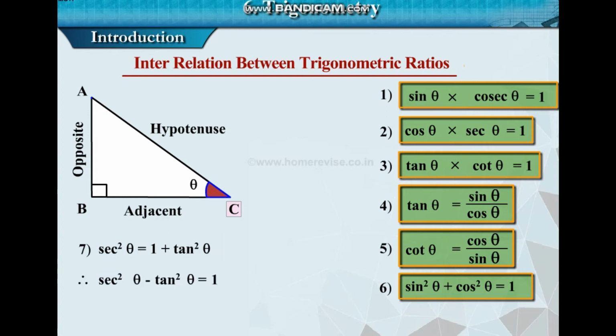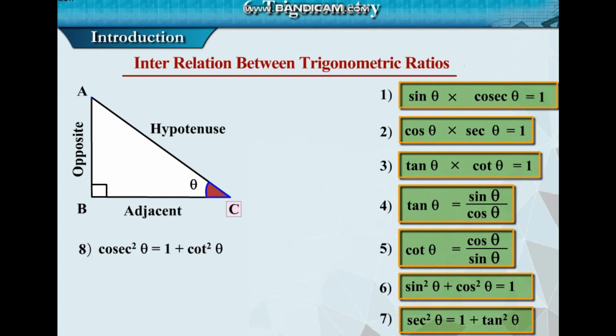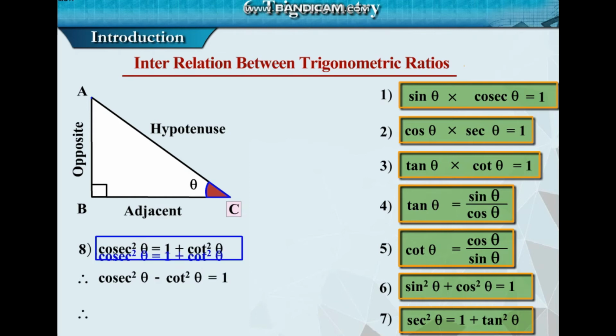Therefore, sec square theta minus tan square theta is equal to 1. Also, tan square theta is equal to sec square theta minus 1. 8. Cosec square theta is equal to 1 plus cot square theta. Therefore, cosec square theta minus cot square theta is equal to 1. Cot square theta is equal to cosec square theta minus 1.